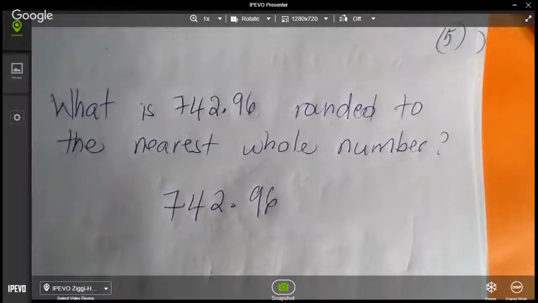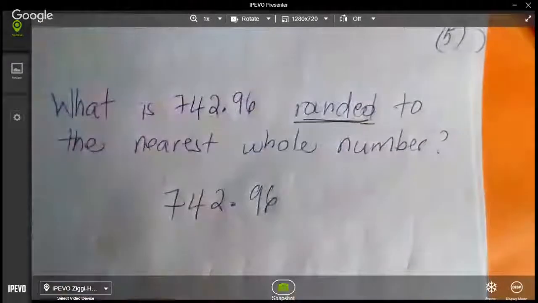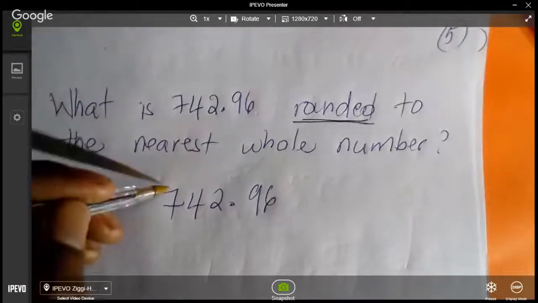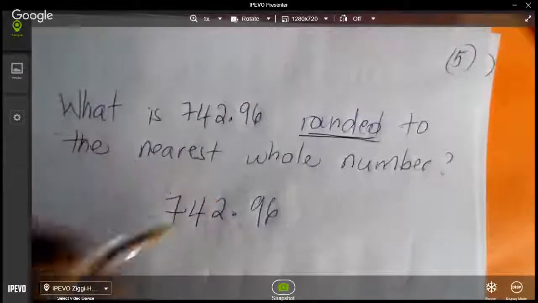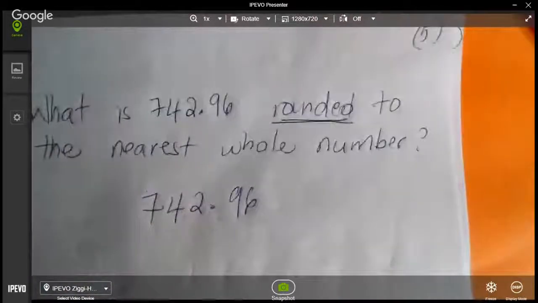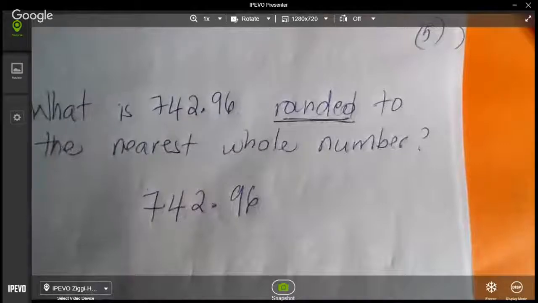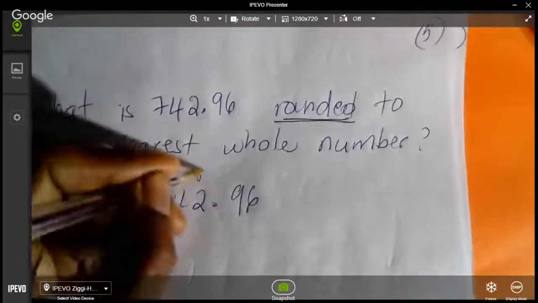Anybody can answer. Divide it by 100, sir. Oh no, multiply by 100, sir. Nearest whole, rounded to the nearest. All right, let's look at it. What place value is the 2?